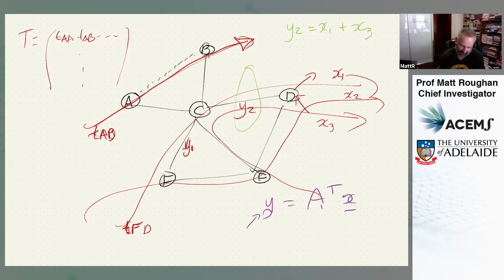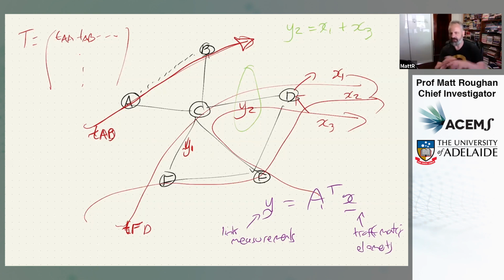These are my link measurements this time. The Y's are my link measurements, and the X's are the traffic matrix elements. But obviously I've written them as a vector this time. Okay, so they're not in a matrix form here.